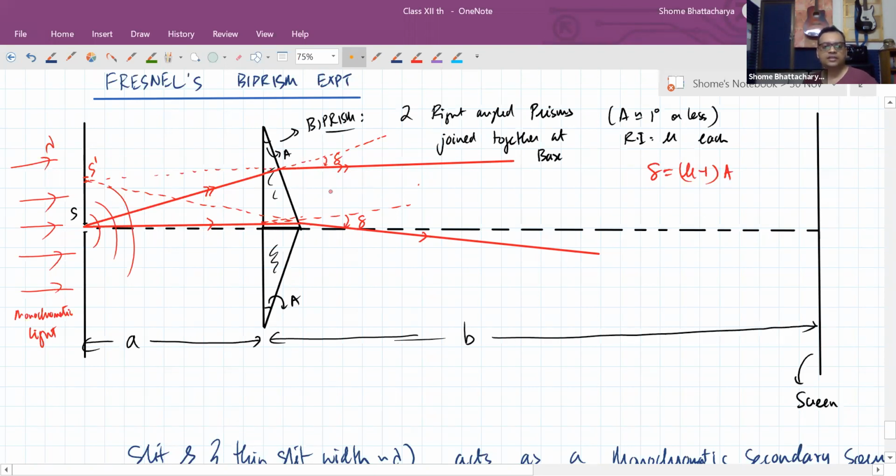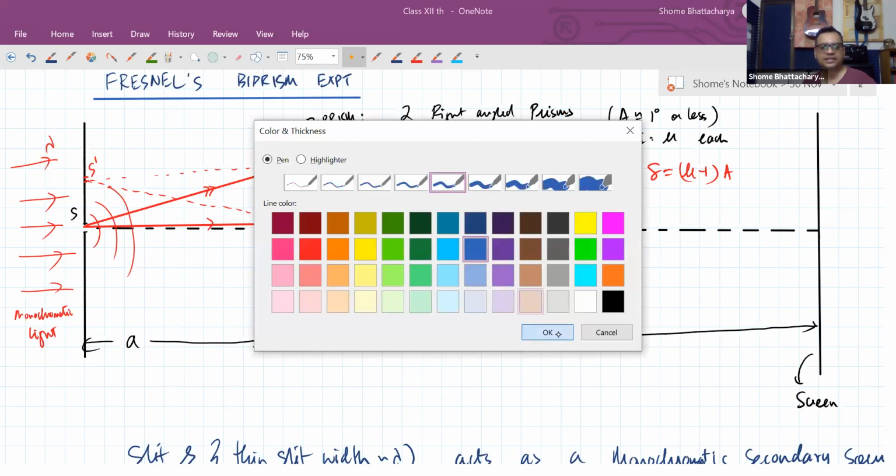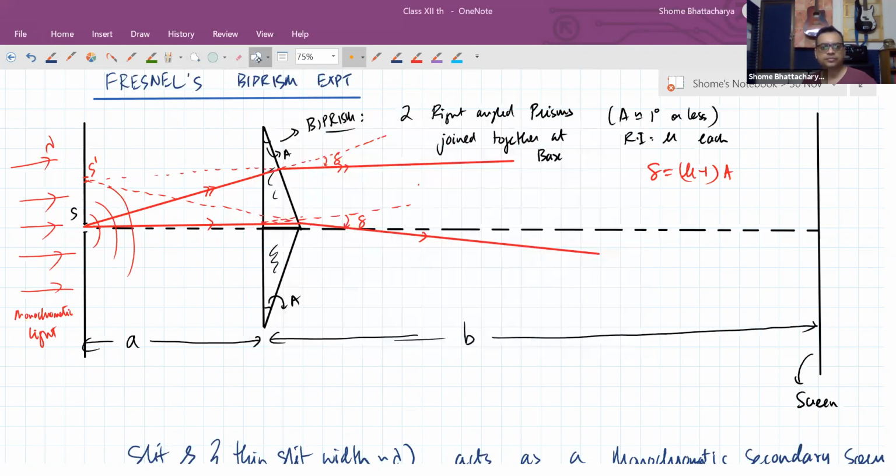So light coming via the first prism appears to be coming from this virtual source S prime. Yes, it will give us interference. As you can see, these kind of beams are incident everywhere on the screen over here. Similarly, if we consider beams of light incident on the second prism, so for example, you start with a beam that is incident over here.